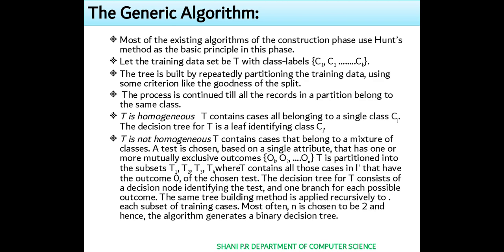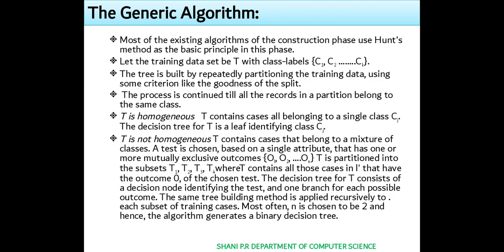Okay, T is partitioned into subsets, that is T1, T2, T3, T4, where Ti contains all those cases in T that have the outcome Oi of the chosen test. The decision tree for T consists of a decision node identifying the test and one branch for each possible outcome.